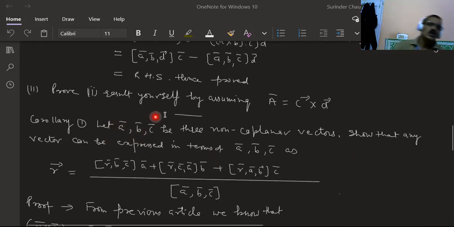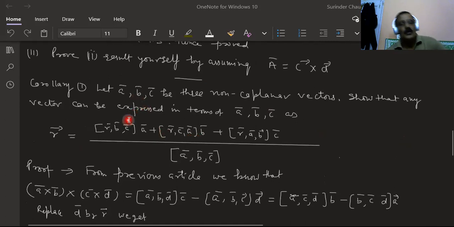Now, a corollary based on this: let A, B, C be three known non-coplanar vectors, not lying on the same plane. Show that any vector can be expressed in terms of A, B, C. For this, we will use R vector equal to this.